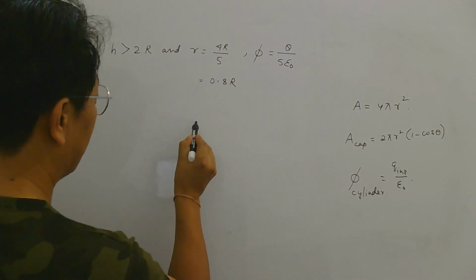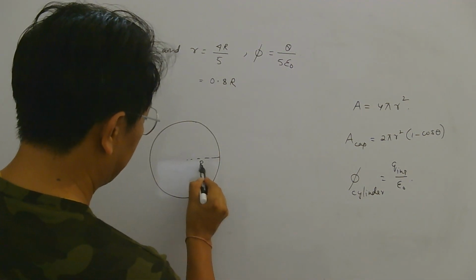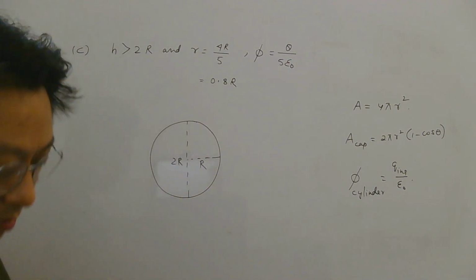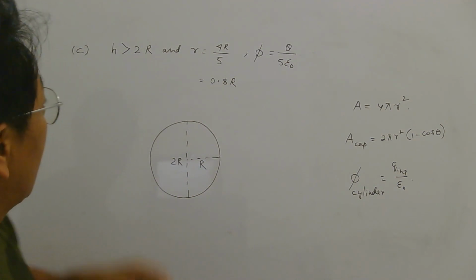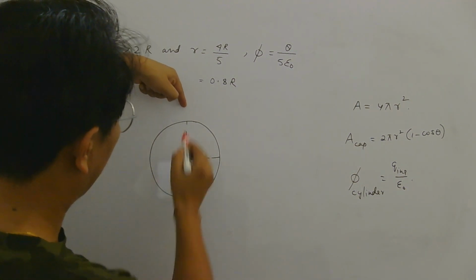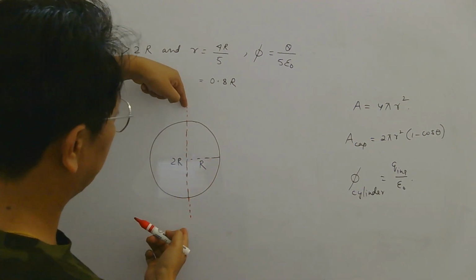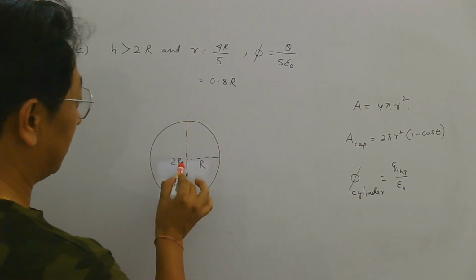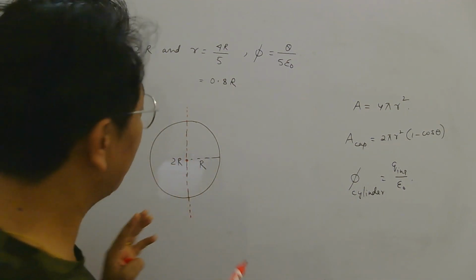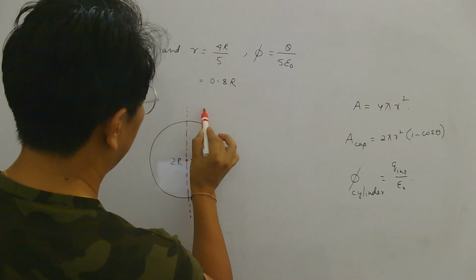So let us again draw the sphere. Remember, this is the radius and this is the diameter. Now our cylinder height is greater than 2r, so our cylinder should be somewhere here, right? The height should be here. This is the axis of the cylinder, so the height should be greater, and the center of the cylinder coincides with the center of the sphere, that they mentioned before only, and the radius should be less than r, so the radius should be up to here, let's say.